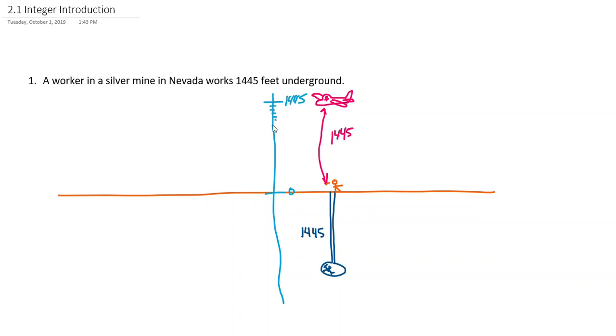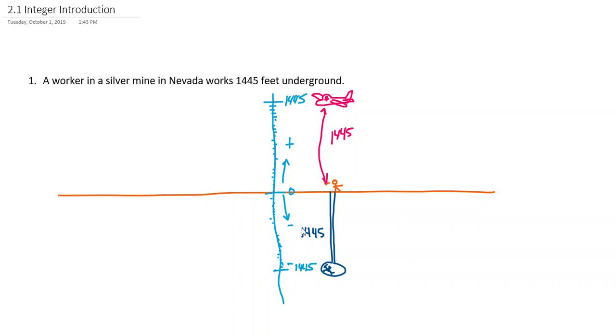And lots of little marks for all the numbers between 0 and 1,445. And then if we do that logically, we could just extend that number line down the same amount, 1,445, and we could say that when we go this direction, we're going in the positive direction, and when we go this direction, we're going in the negative direction.